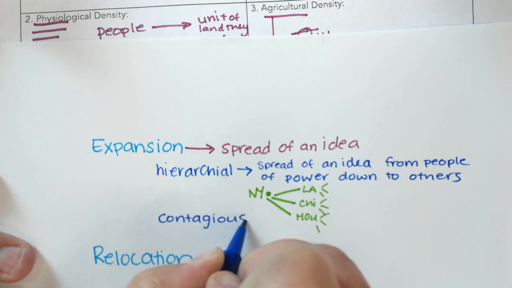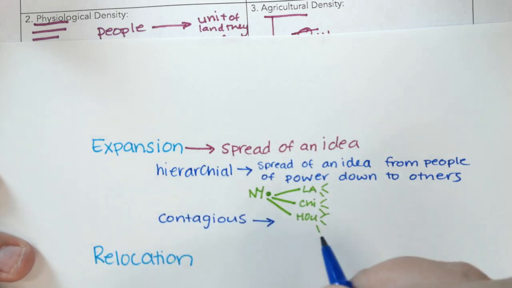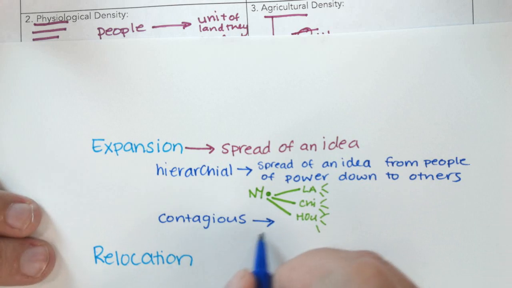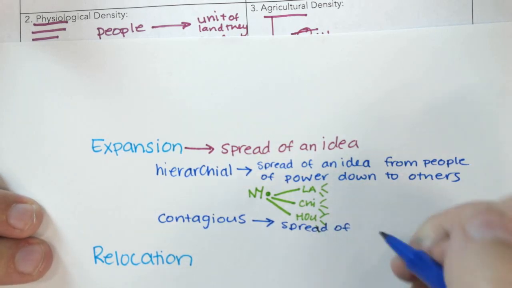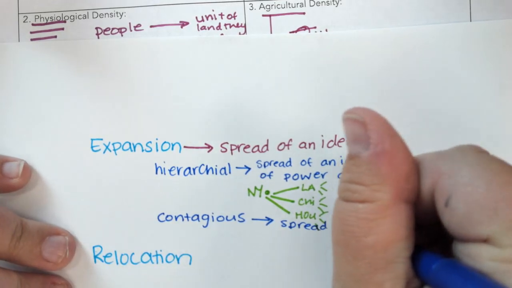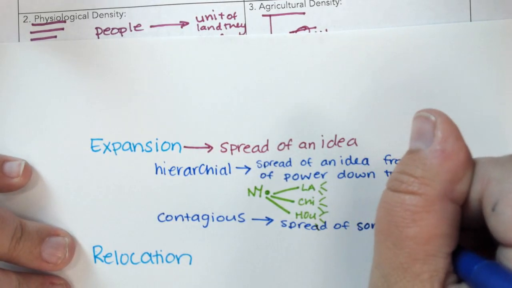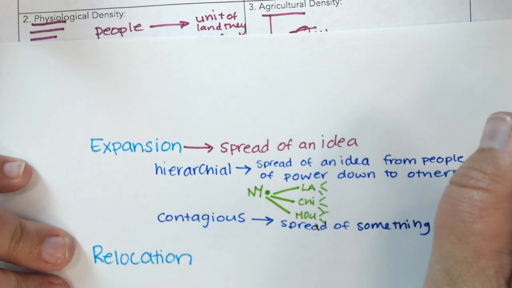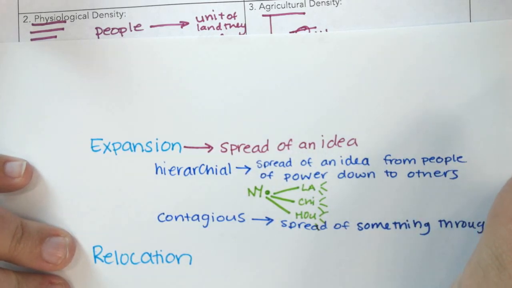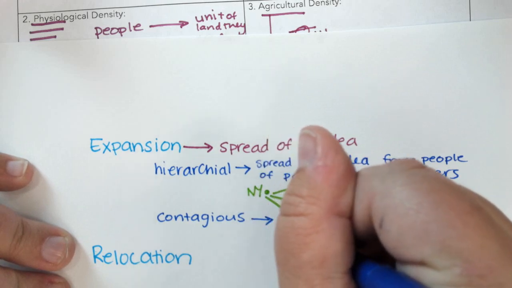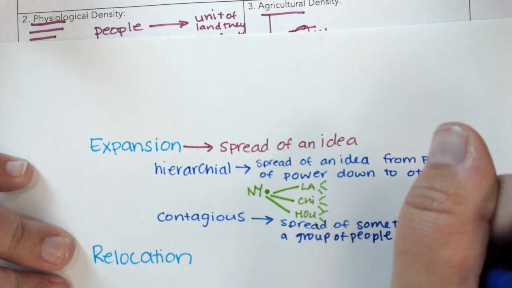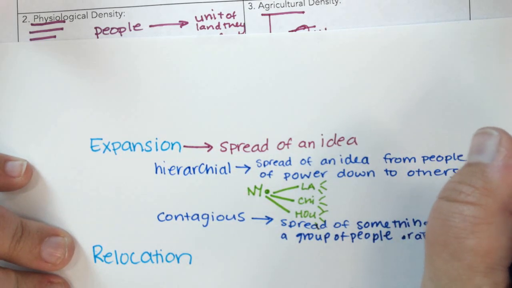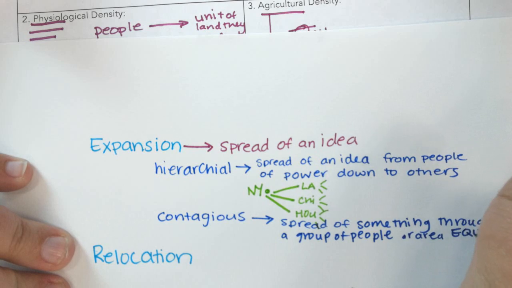Contagious diffusion, for the most part, is the spread of something through a group of people or area equally. It's really important that you get this equally part, which means it doesn't pick and choose.